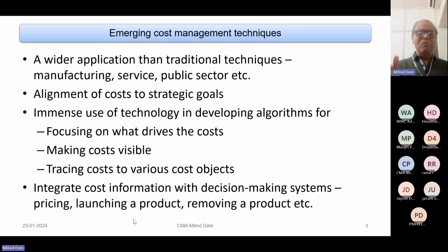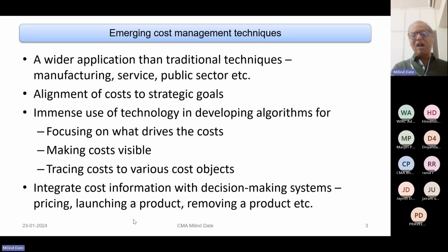So again, you may need to add or remove certain features, like what's done in the automobile industry or even a service industry. For example, if you are subscribing to the OTT channels, the offering is different, and for each offering, pricing is different.